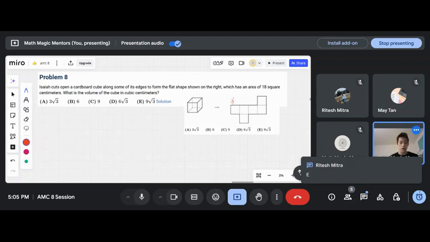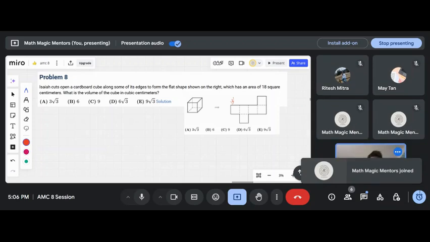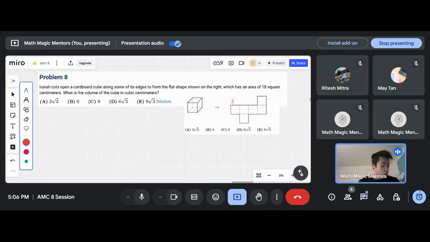Okay, yeah, it's good that you got an answer, and I'll walk through it. The first thing that comes to mind is, what is a cube? First of all, a cube is basically a rectangular prism with all of its edges the same.